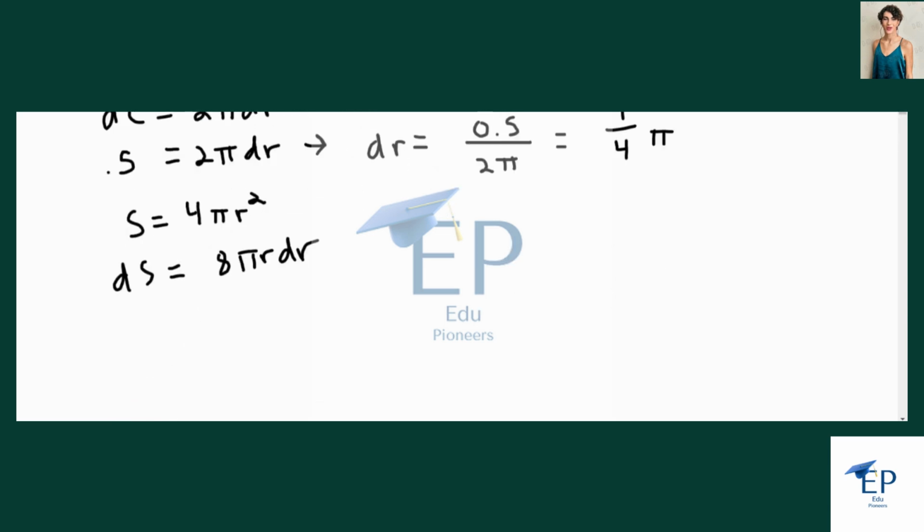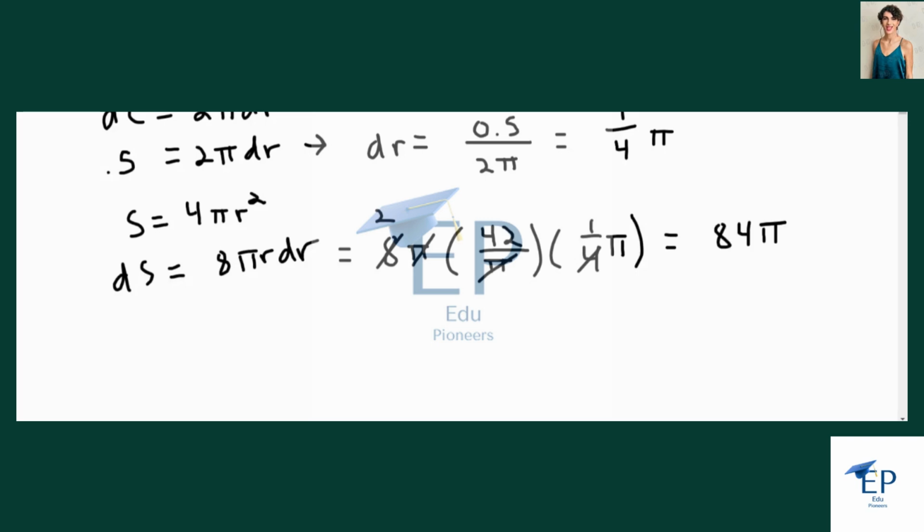So we can calculate our dS to be, excuse me, I'm sorry, it should be 1/4 over pi, and therefore this would be 84 over pi.